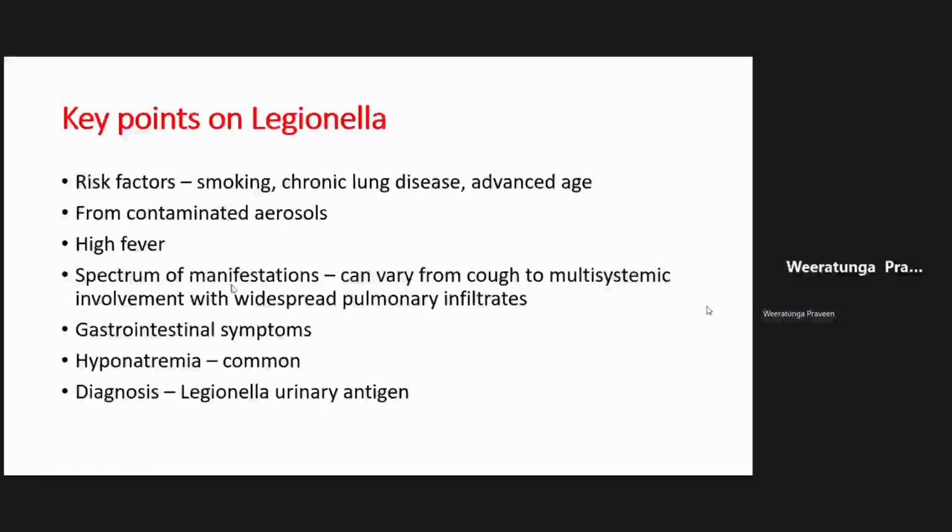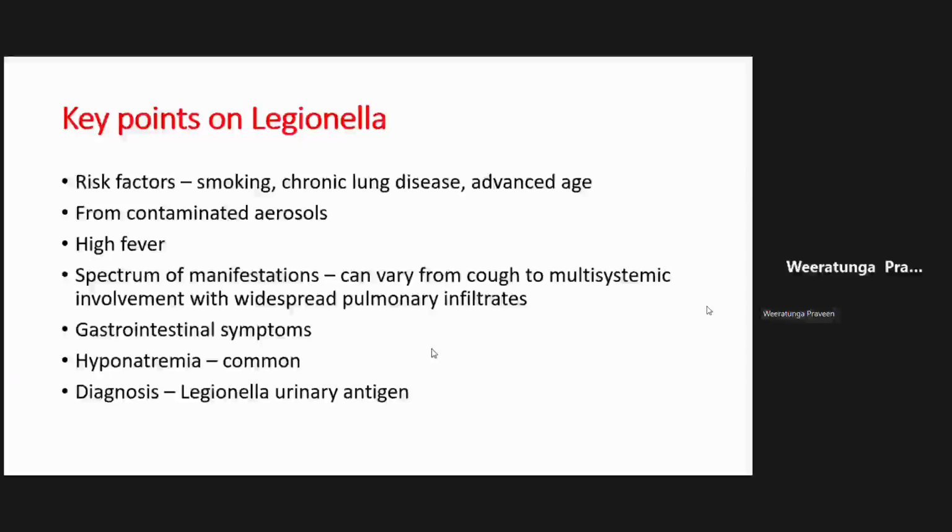Now, when you go through the past papers, it is very common to find that we love to ask about Legionella pneumonia. Again, I have no knowledge of what sort of questions you'll get this time, and if I had, I could have taught you like this. But it is a very famous thing among examiners to ask an MCQ about Legionella. There are certain risk factors that are common, like it's common in smokers and people with chronic lung disease.